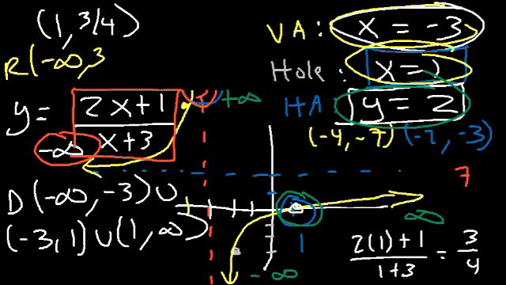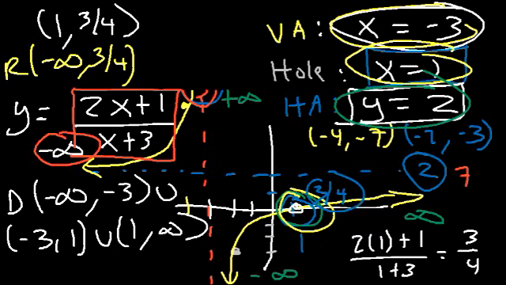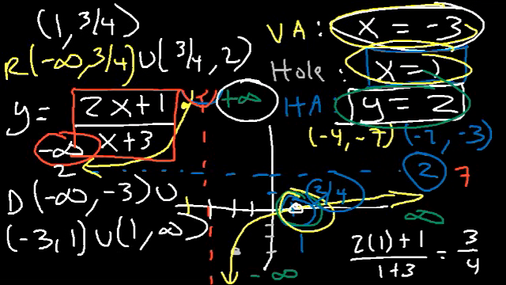So it's -infinity to 3/4, which is here. And then after that, it's going to be 3/4 to 2, so union 3/4 to 2. Then after 2, it's going to go all the way up to infinity. So it's union 2 to infinity.